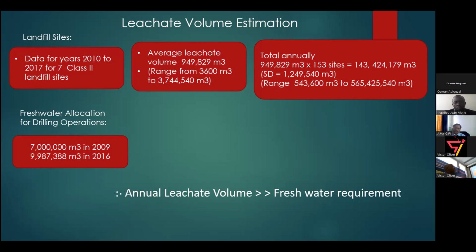We tend to have more precipitation in the northern part than in the south. So this is a big range.